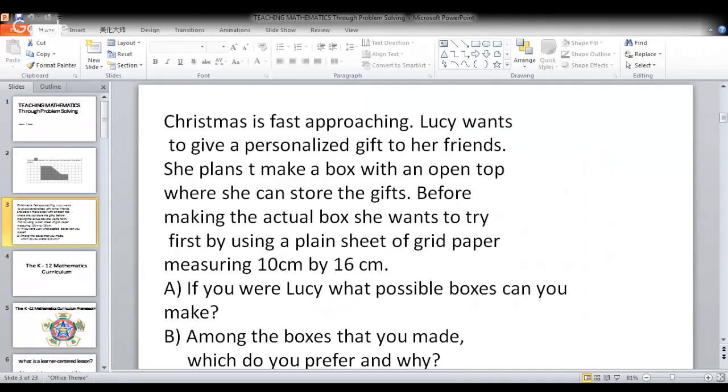12 by 12? Interesting. Interesting answer. So we have one answer by Rowena. It's 12 by 12.